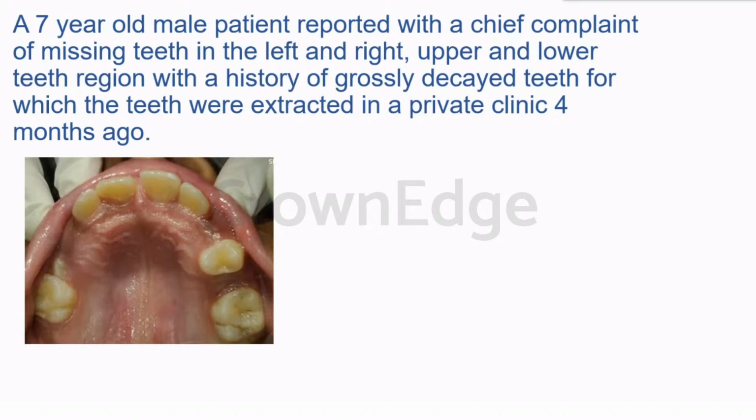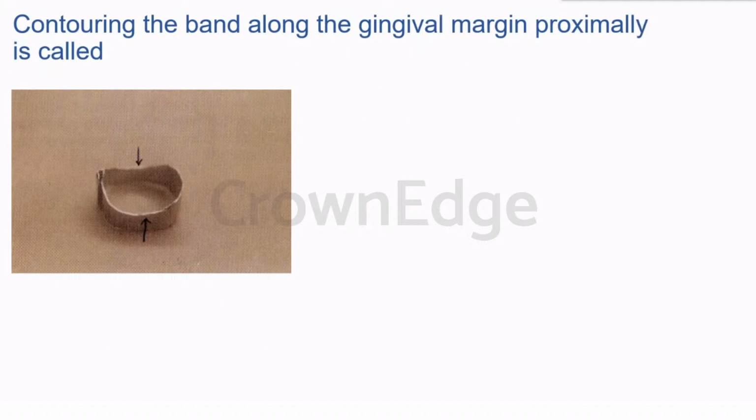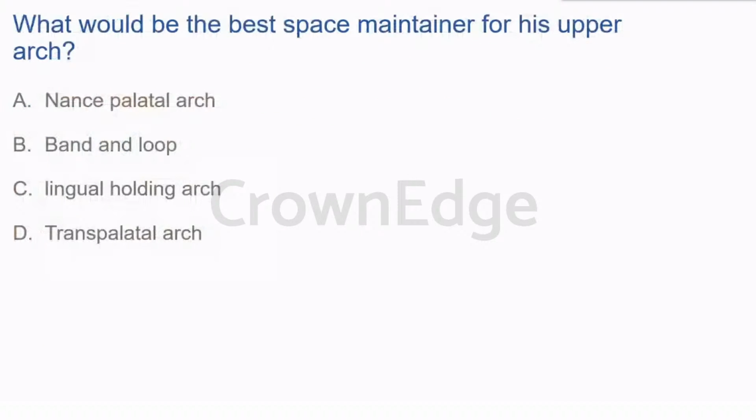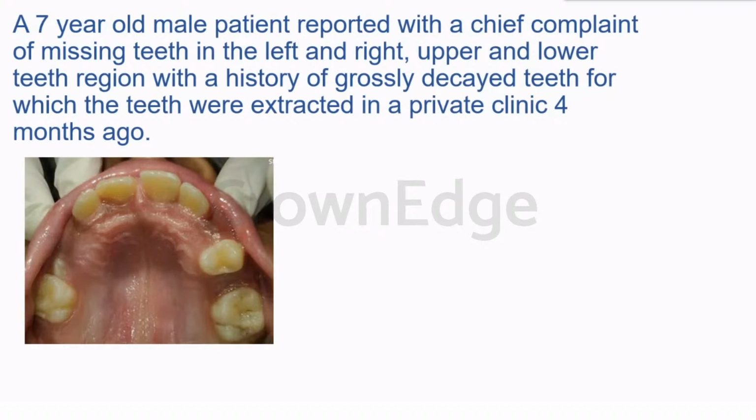As permanent teeth have erupted, the ideal option would be option A, Nance palatal arch. The Nance palatal arch has an acrylic button and takes the support of the anterior and posterior teeth. It will be given to maintain the space of the lost areas, to prevent tipping of the molars and distal tipping of the anteriors as well. The ideal one for the maxillary arch is the Nance palatal arch.